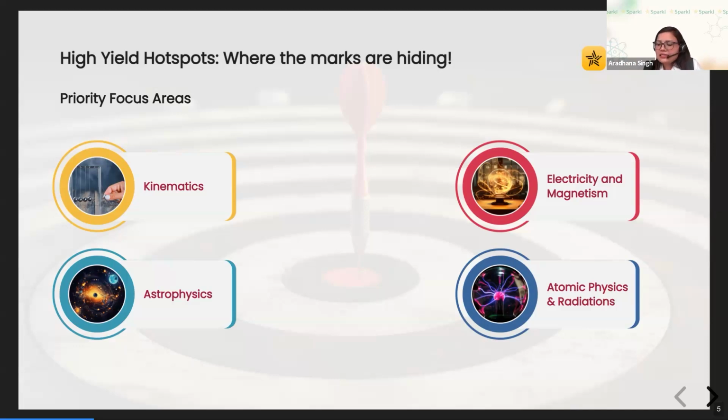Let's take an example. Let's say it is a velocity time graph and you have to calculate the displacement covered. Do you know what type of question we usually see in the exam? Braking distance type question. A car is moving with a certain velocity from this time to this time.